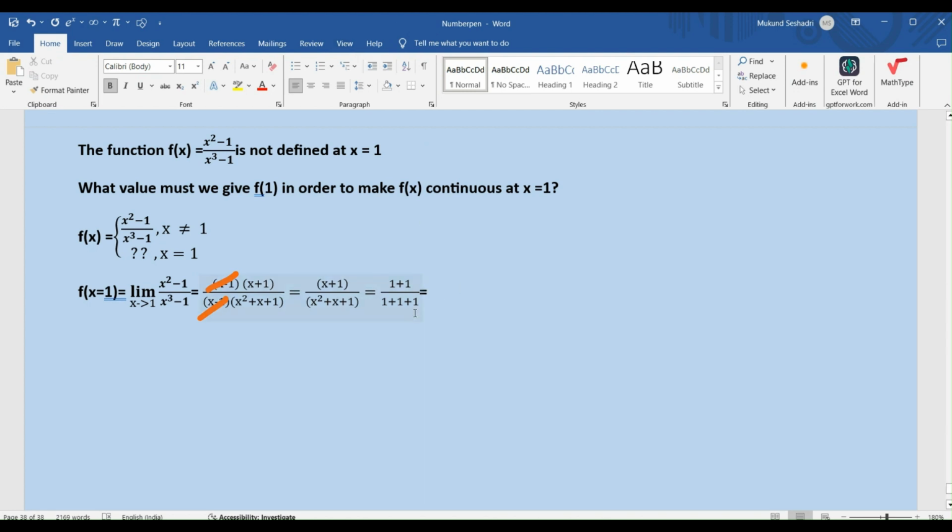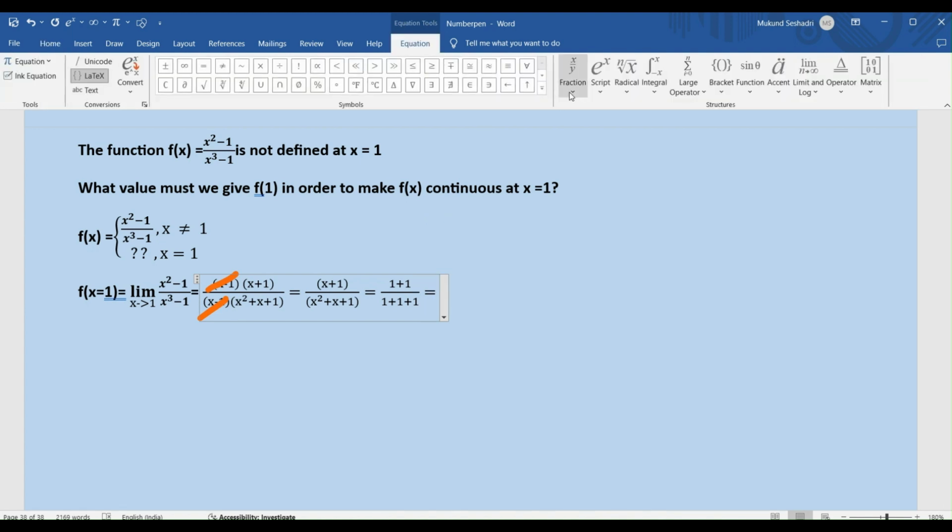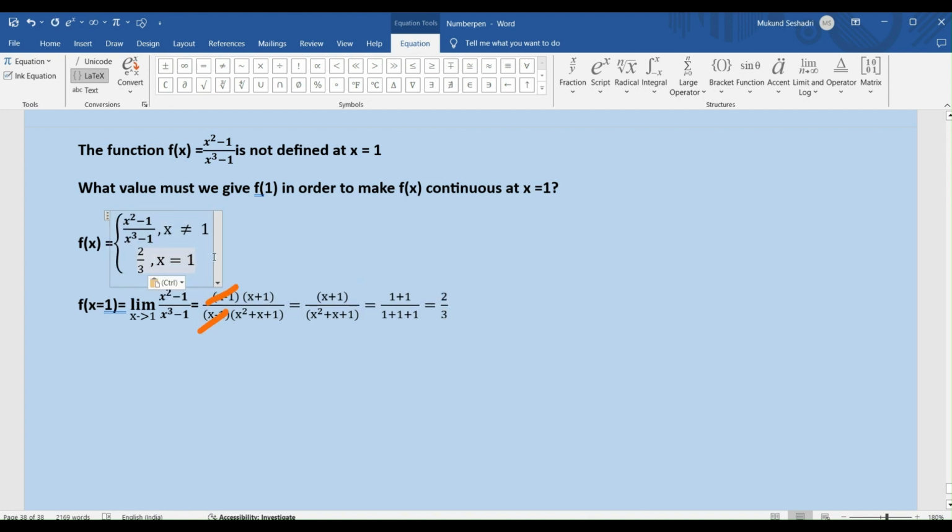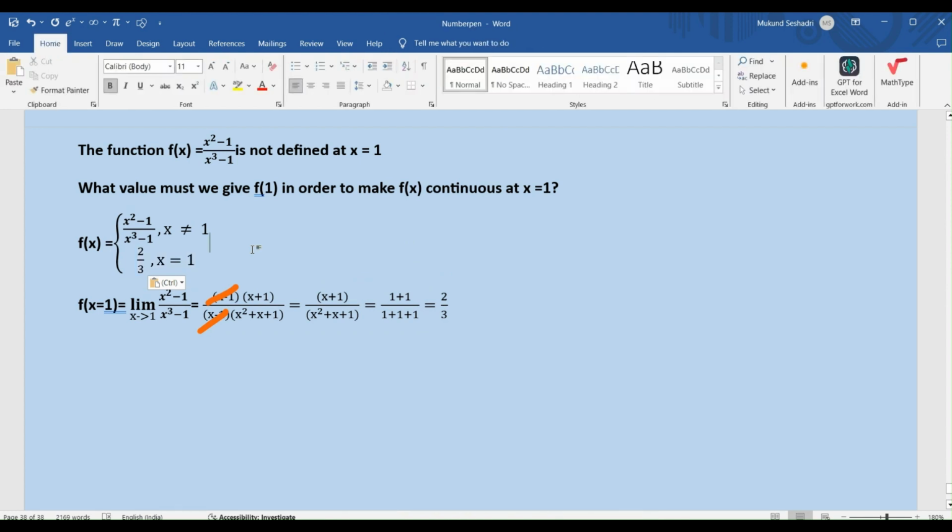That leaves me with an answer 2 by 3, right? So there we have solved the problem. So if I redefine my function to give f of 1 a value 2 by 3, then I can confidently say that my function is continuous at x equals 1, right?